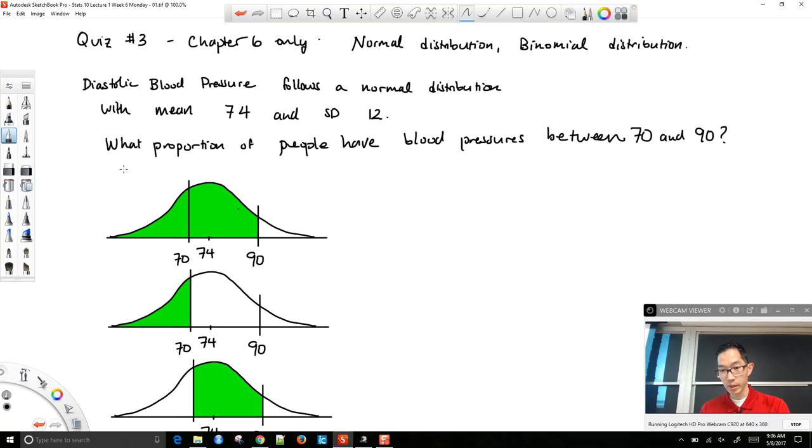What I say is total, all the area to the left of 90 minus the area to the left of 70 equals the area between 70 and 90.